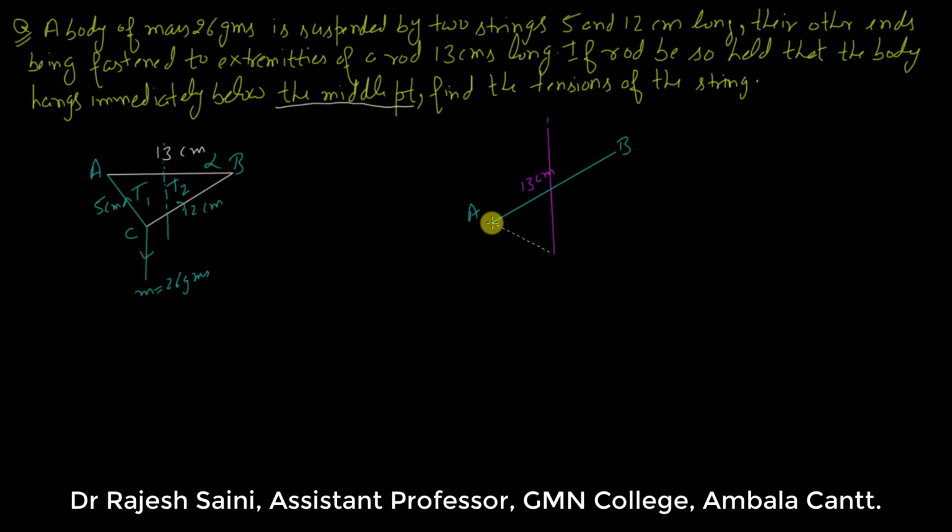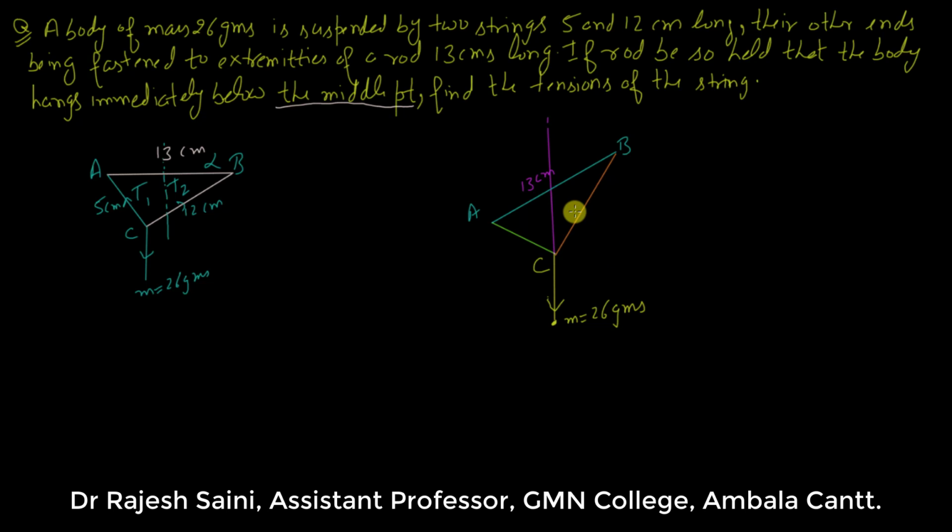This is joined. Now this is the orientation of the rod AB, and these are the strings, connected at point C, and these strings are supporting the weight which is exactly in the vertical direction, and this mass is 26 grams.